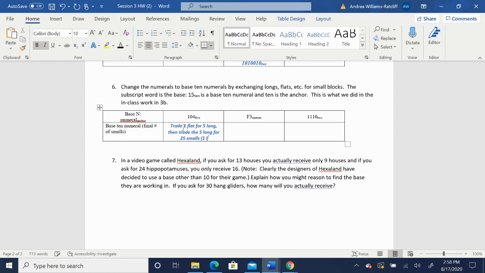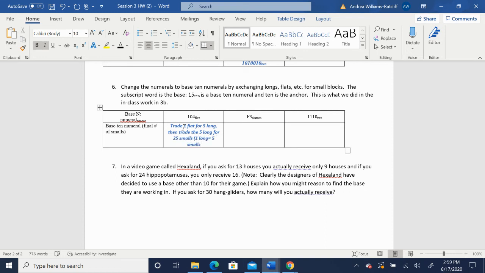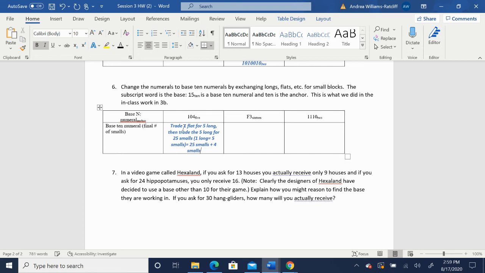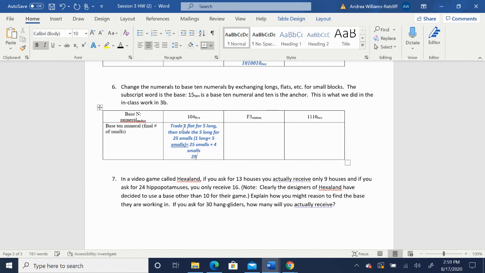How does that work? 1 long gives me 5 smalls. If I do that 5 times, I'll end up with 25. So that equals 25 smalls from the trade plus the 4 smalls already shown, so a total worth of 29 here.